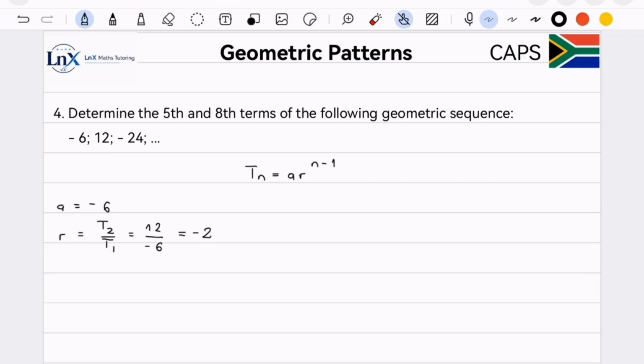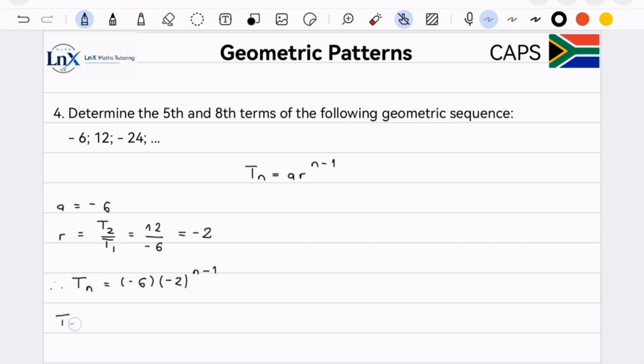All right, now we know our first term and the common ratio. Therefore, the general term for this sequence is going to be Tn equals A, our A is negative 6, and then our common ratio is negative 2, and then that will be to the power of n minus 1. And now that we have our general term for the sequence, we can find our fifth term.